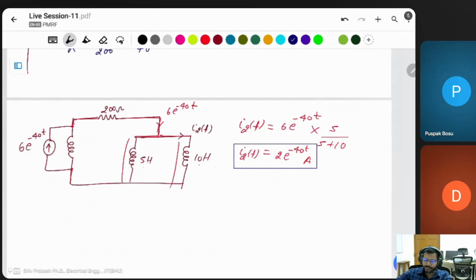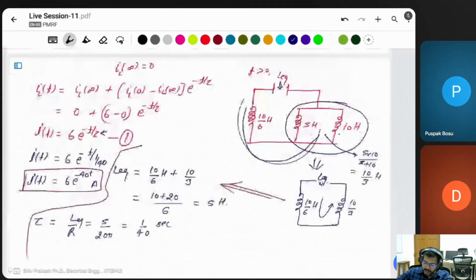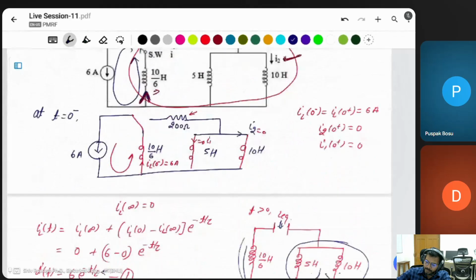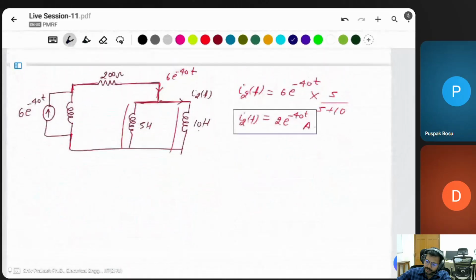But in the question, it is tricky: it is also asking for the current at t is equal to 34.7 millisecond. You have to put the value of t as 34.7 millisecond here.